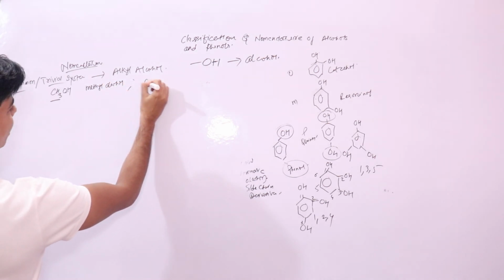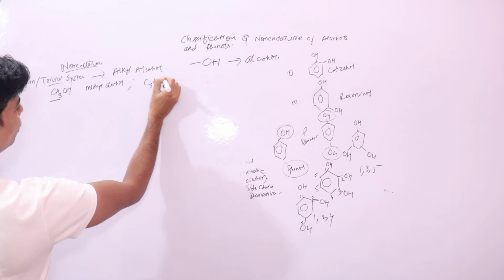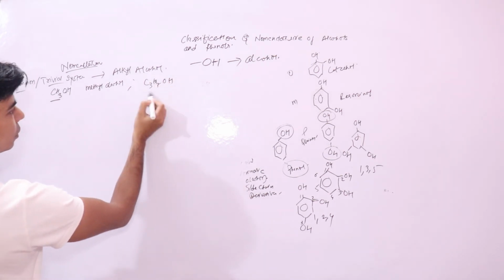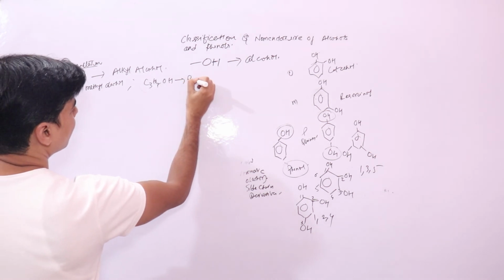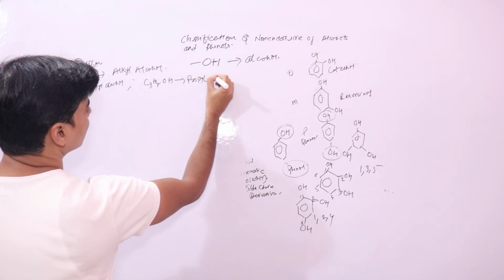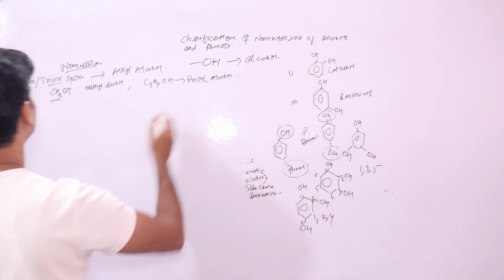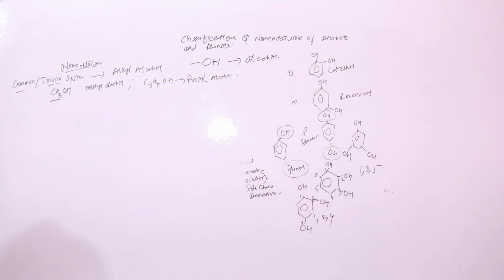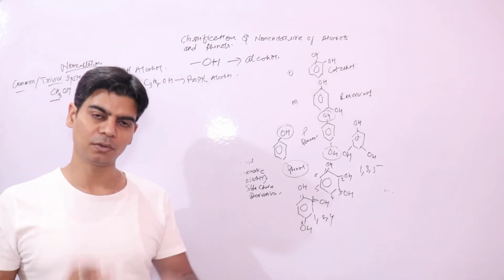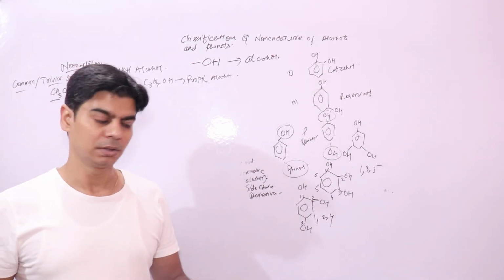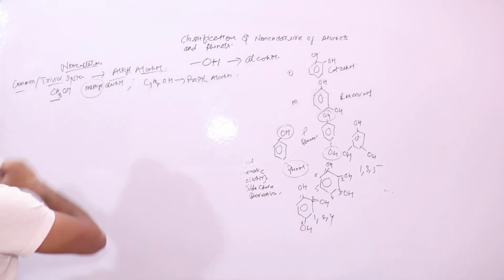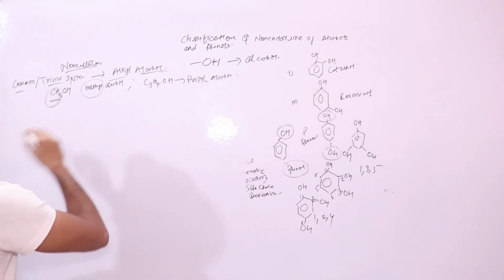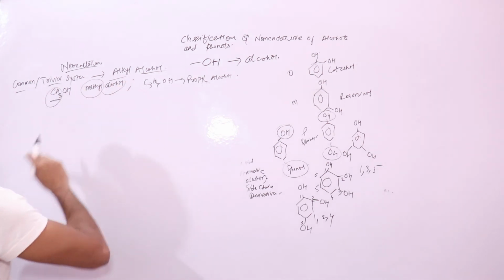If you have C3H7OH, this is propyl, so the name would be propyl alcohol. This is your common system. Just add alcohol to the alkyl group. First write down the name of the alkyl group, and then mention alcohol.